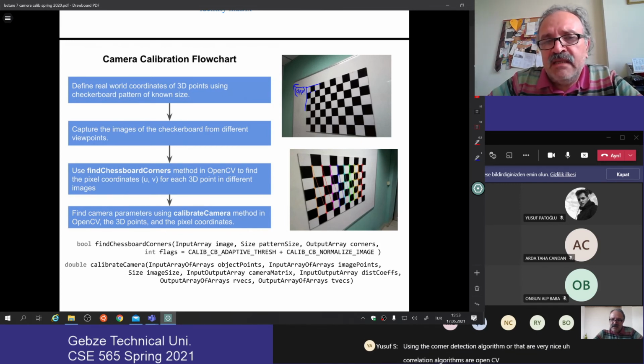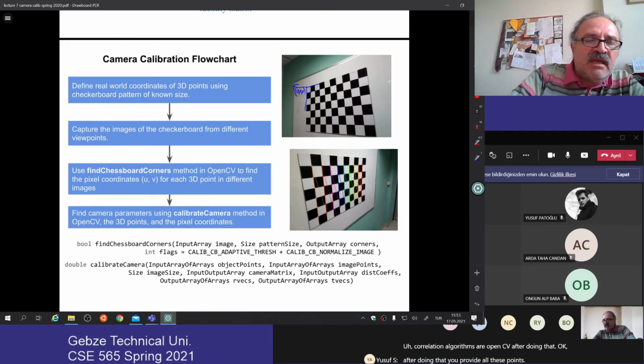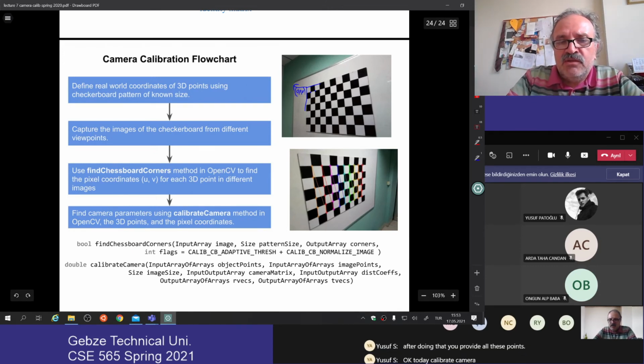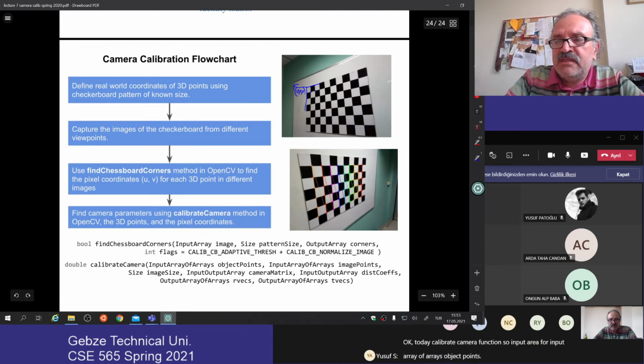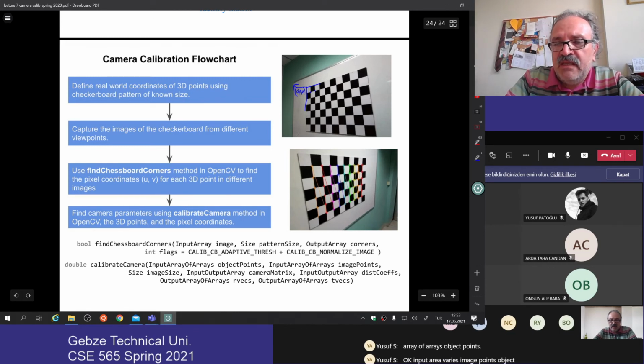After doing that, you provide all these points to the Calibrate Camera function. So, input array of arrays, object points, and input array of arrays, image points.